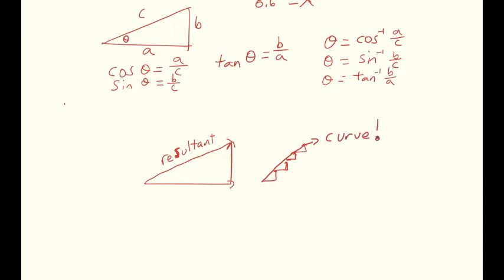So now instead of moving in a straight line, we'll start moving in a curve. And so we want to be able to calculate distance, velocity, and the angle. We're going to use our trigonometry and Pythagorean theorem to do that.